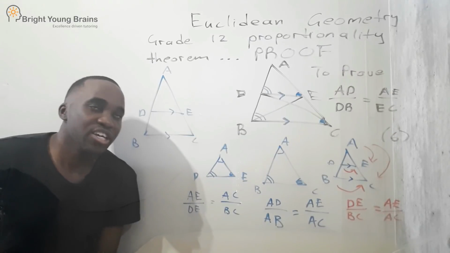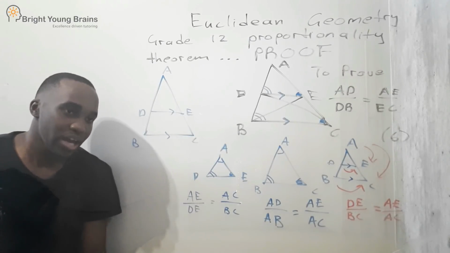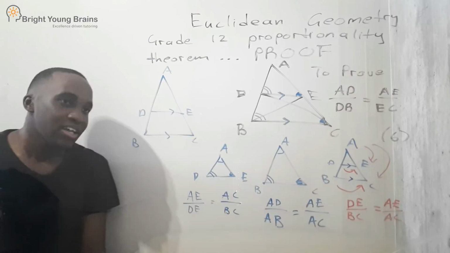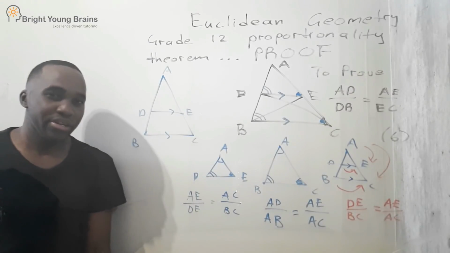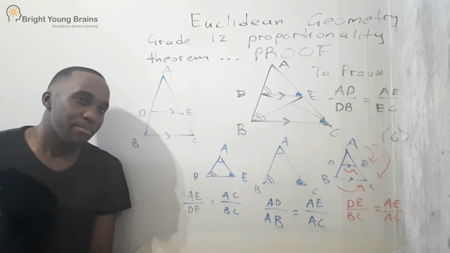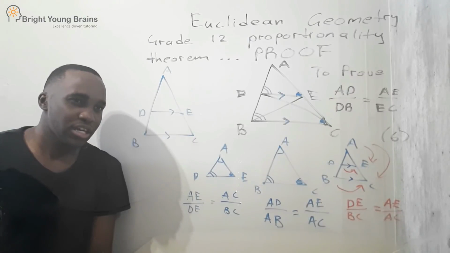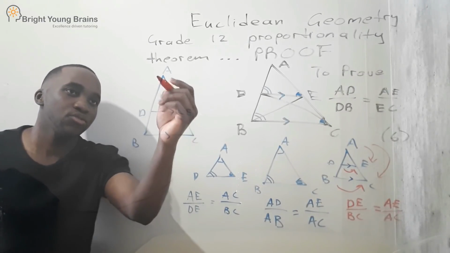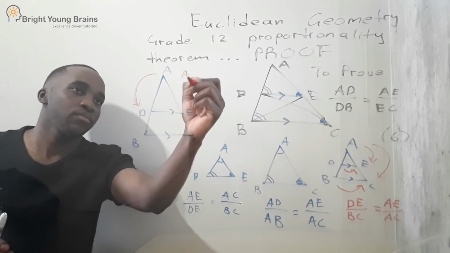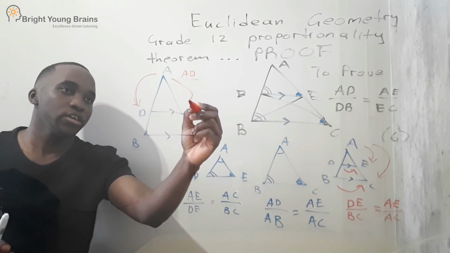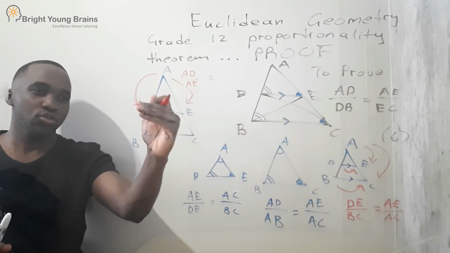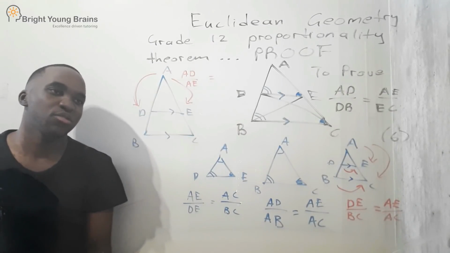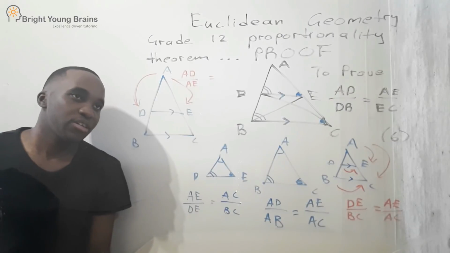Okay, so we have our sketch here again. Now, let's try and switch things up a bit. Let's try and make things a bit difficult, I guess. So let's choose AD over AE. We see small triangle, small triangle. I think this one is going to be easy, but let me put a twist in it.